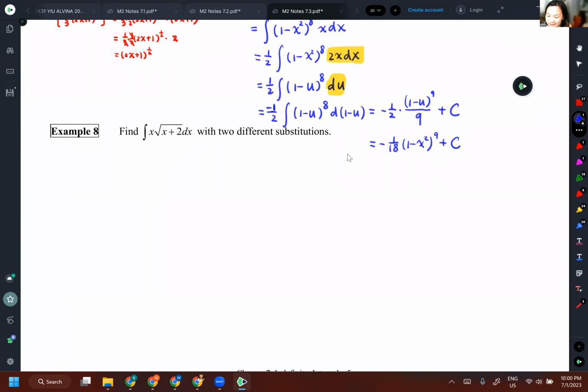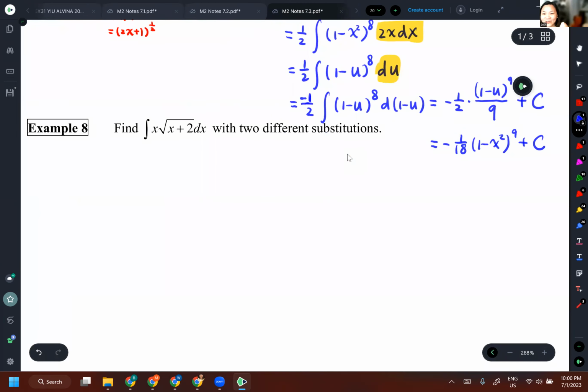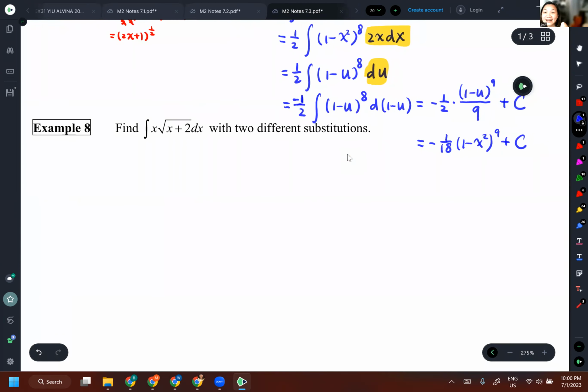Example 8. Now this, I don't know what will happen, but you have to bear with me. In the end, I want to replace u with maybe square root of x plus 2. Can I do that?